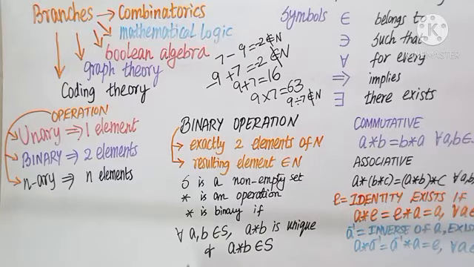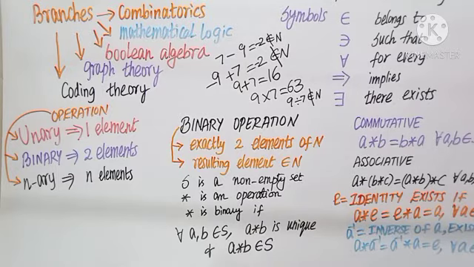Whenever A, B belong to S, A star B also belongs to S, I can say closure property is true. The word closure tells me the set is closed. So two elements are there, and the answer is also inside the set when I perform the operation.